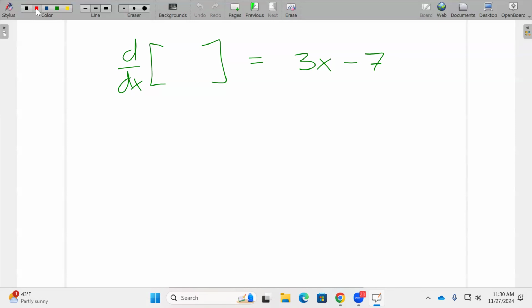Then take the derivative of it to check. If you take the derivative and you get the same thing, then you must have picked the right antiderivative.